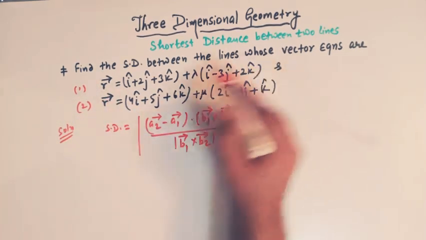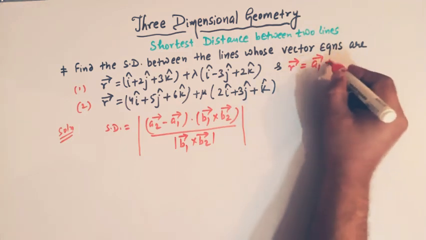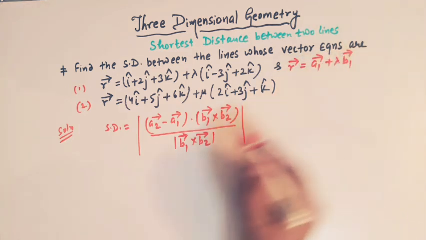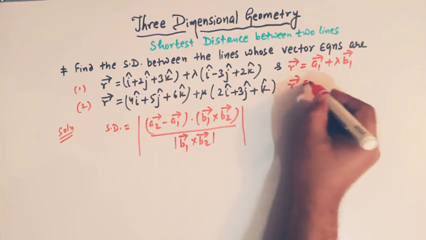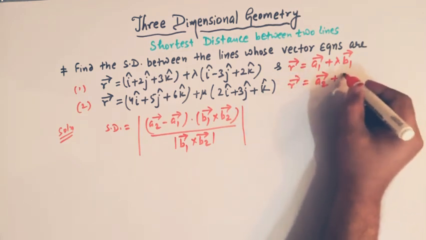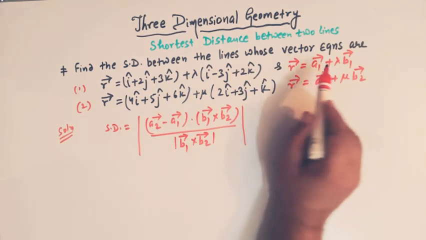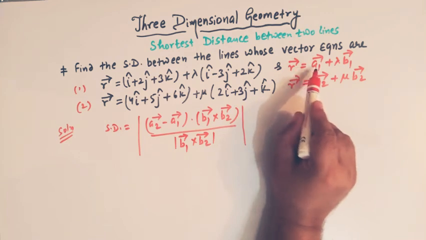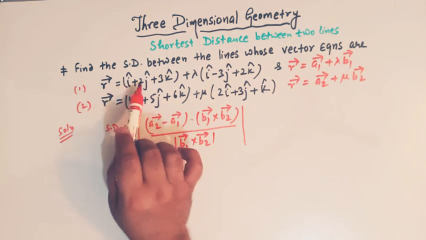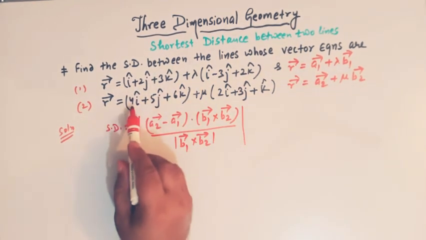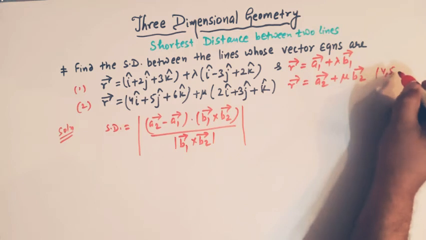Now here the first line is vector r equals vector a1 plus lambda times vector b1, and the second line is vector r equals vector a2 plus mu times vector b2. So the first line passes through the point vector a1, that is 1, 2, 3, and the second line passes through the point vector a2, that is 4, 5, 6.